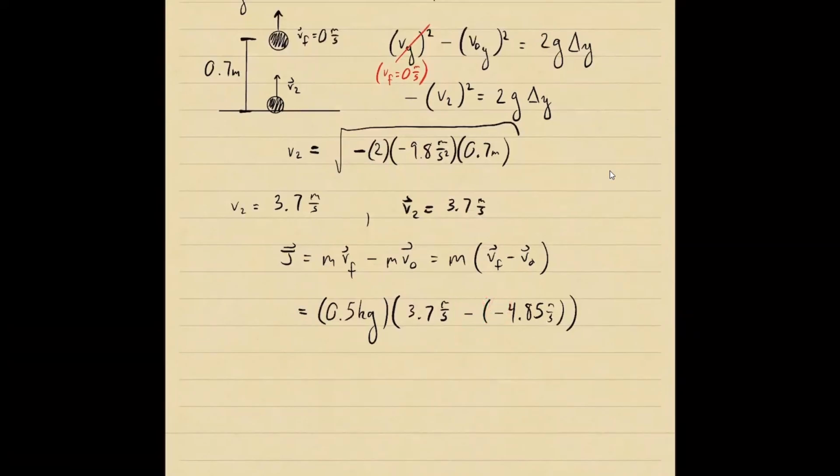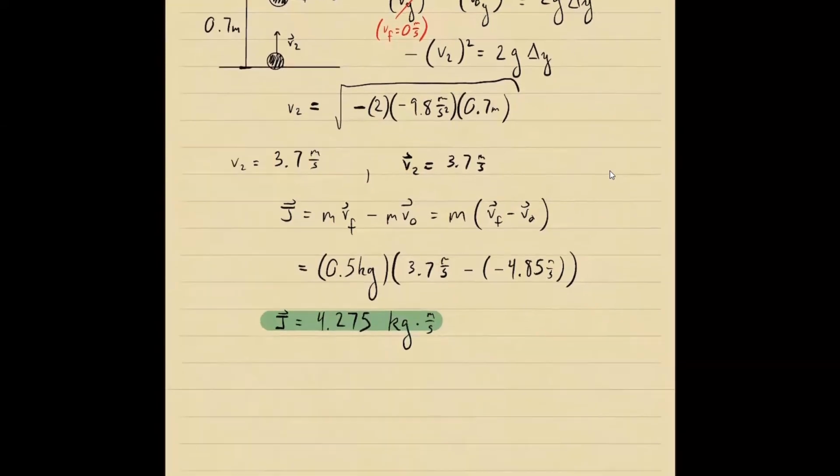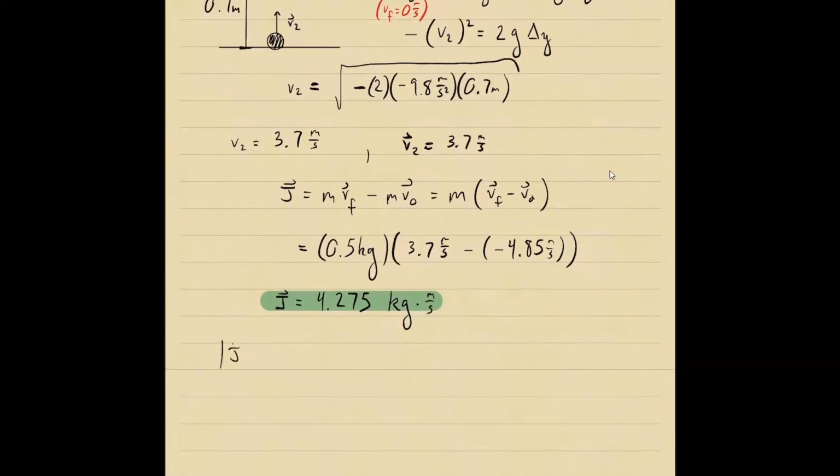So our impulse, all said and done, is going to be 4.275 kilograms times meters per second. So the magnitude of J in this case is just 4.275 kilograms meters per second.